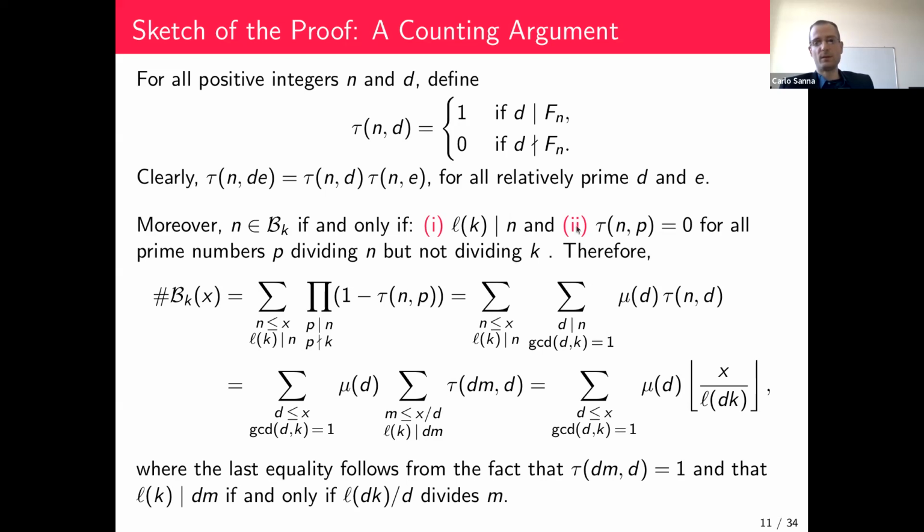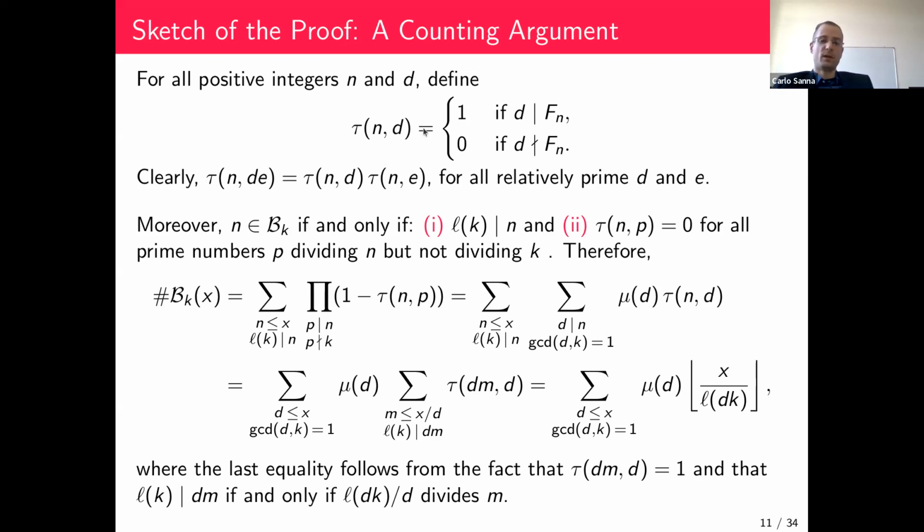This is equivalent to the second condition, which said that the prime factors of the GCD of n and F sub n must all be prime factors of k. So this is equivalent because of the definition of tau.